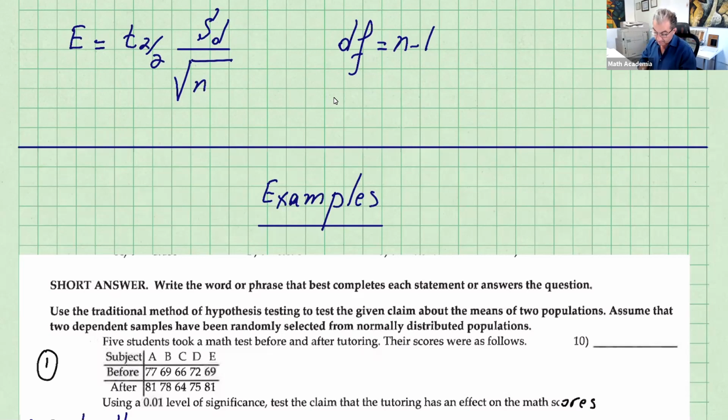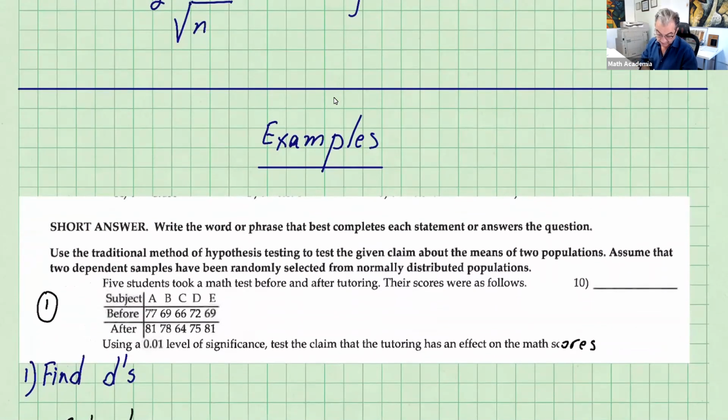To test a claim about the means of two populations, assume that two dependent samples have been randomly selected from normally distributed populations. So these are the requirements that I put for you in the beginning, and it's assumed that they're satisfied.